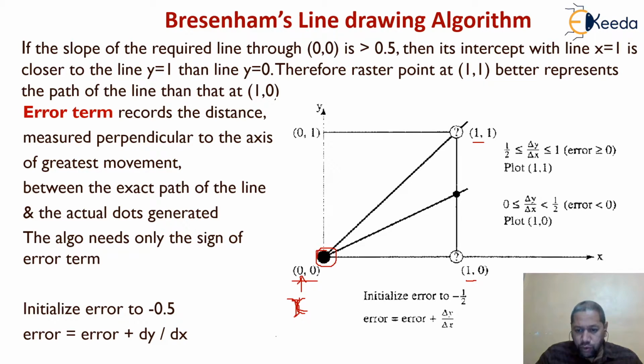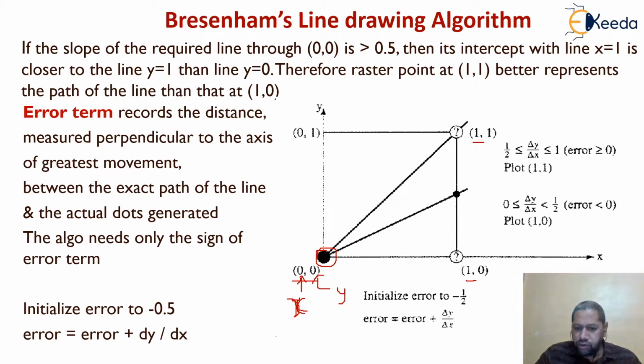But now the value of y, this is my y value. Now the y value, if it is not incremented, will be 0. If it is incremented, it will be 1. Suppose this is my 0 0, this is 1 0, this is 1 1, this is 0 1.